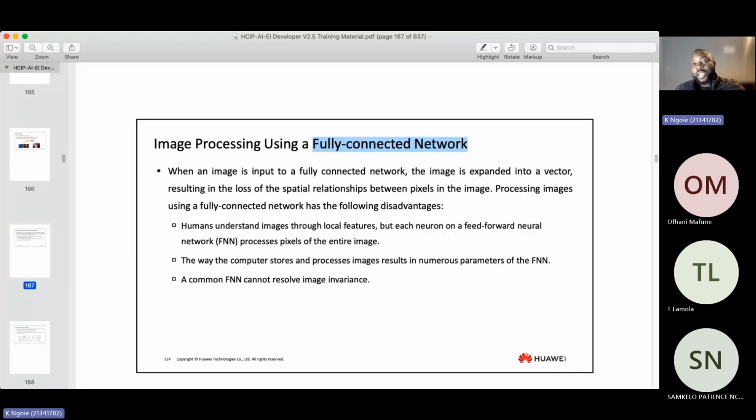So this is why when we introduce neural networks for images, we can't just take a simple connected feed-forward neural network, but there is a certain thing that needs to be done.